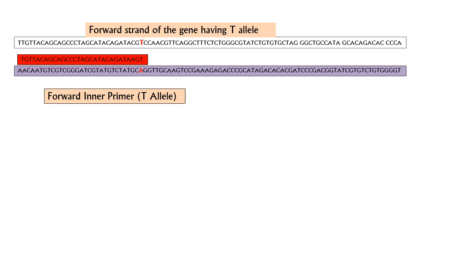The reverse strand as a template, or the forward strand as a template, and the strand that is used as a template will not be amplified, but the opposite strand to that template will be amplified. So when this forward inner primer comes and attaches to the reverse strand, the forward strand will be amplified.